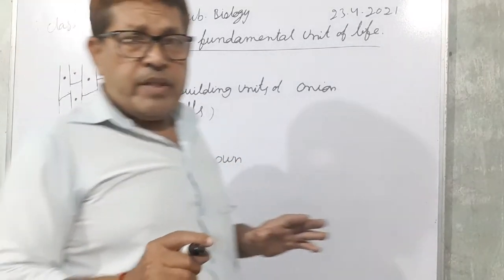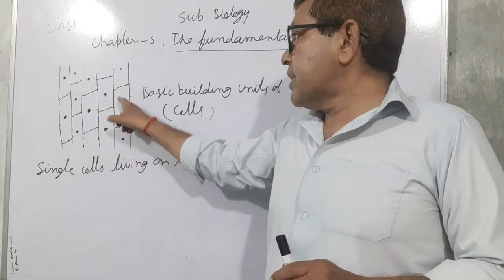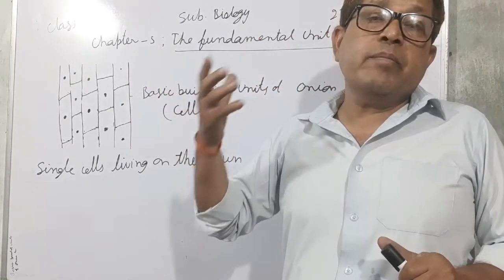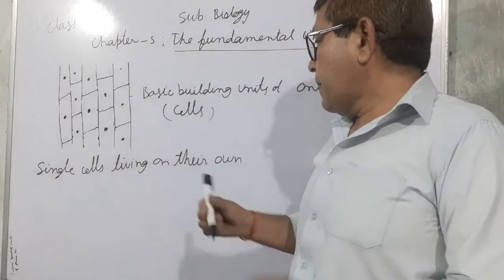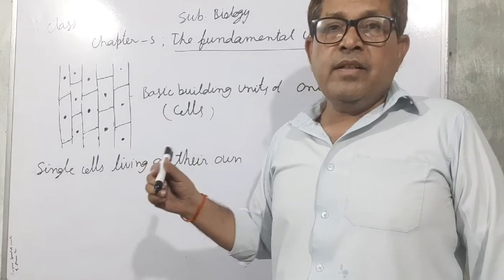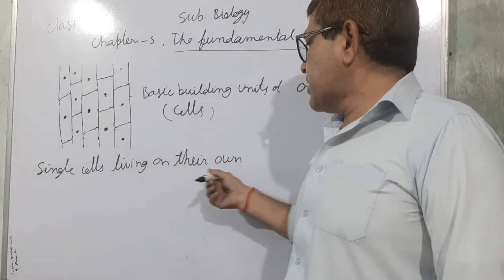Suppose this is one cell, two cells. This is a single cell. We see in many cases a single cell itself living on its own.